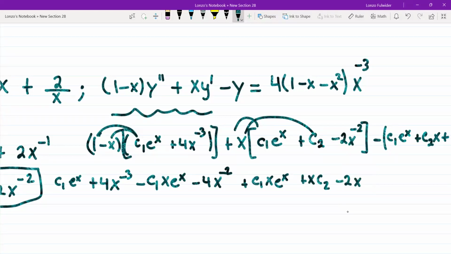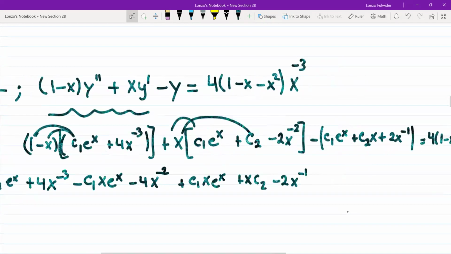And when you're multiplying with the same base, you add. So negative 2 plus 1 is negative 1. And then FOIL out this minus. So this would be negative c1 e to the x minus c2x minus 2x to the negative 1.